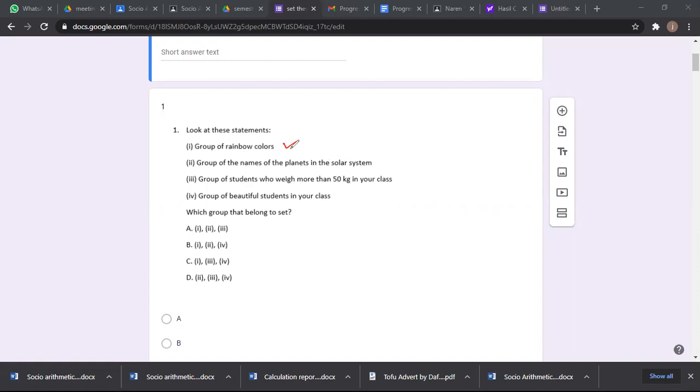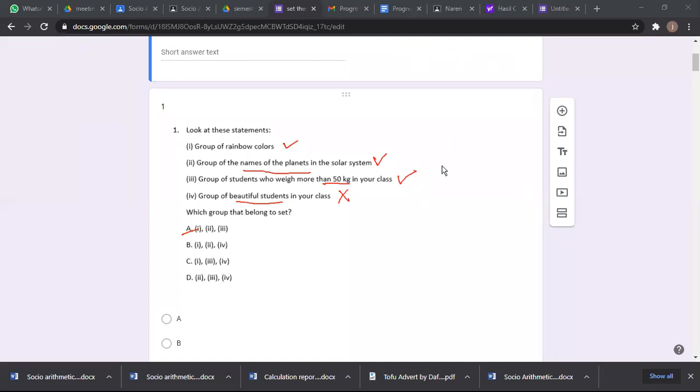Then the group of the names of the planets in the solar system belongs to a set, and then the group of students who weigh more than 50 kilograms. So I think this belongs to a set, but not this one, because beautiful student is relative. Maybe beautiful for me is not beautiful for you or for Rudy or whoever. So here, I can say that the answer is A. Okay.